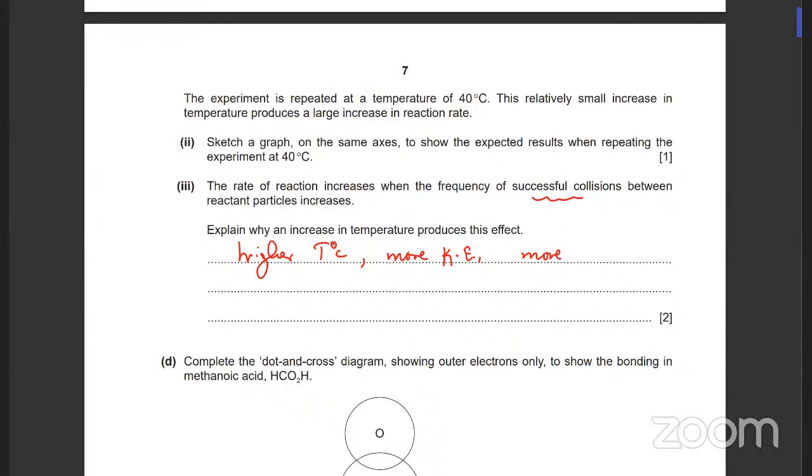Having more kinetic energy, the particles would collide with each other with more frequency. But you'll also have more particles at a higher temperature having the minimum, more particles have energy greater than the activation energy. Hence, you will have more frequent and successful collisions.